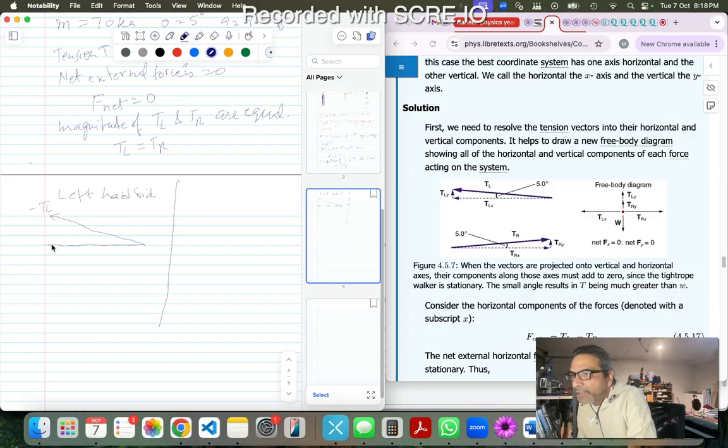This is our TLX, because there is an L component, and this is the theta, the 5-degree angle.